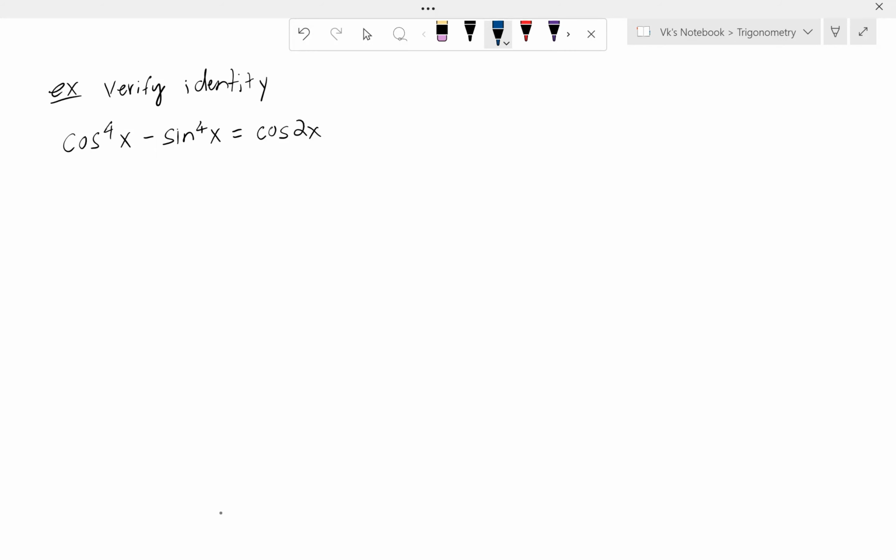So we can factor this out: cosine square x minus sine square x, times cosine square x plus sine square x. Oh my god, cosine square minus sine square is cosine 2x. Cosine square plus sine square is 1. So that is it. It's cosine 2x. Oh, very quick. I like it.